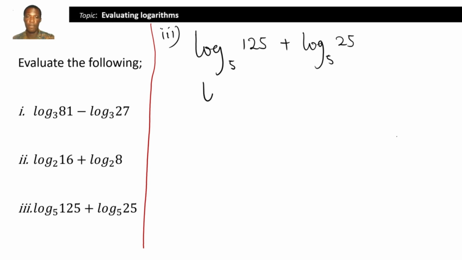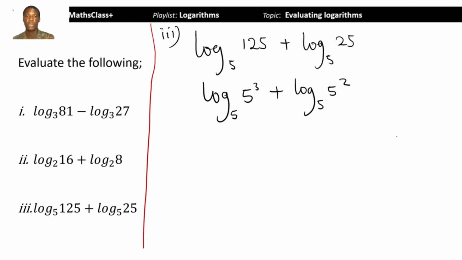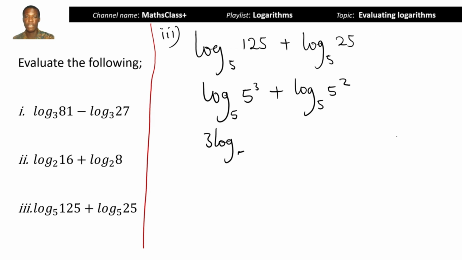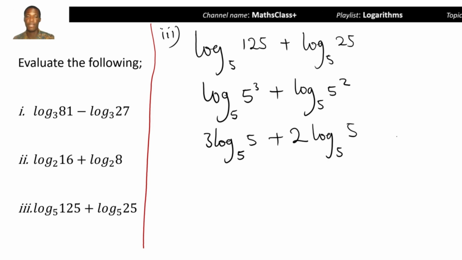So we have log to the base 5 of 5 to the power 3 plus log to the base 5 of 5 to the power 2. So we get 3 log to the base 5 of 5 plus 2 log to the base 5 of 5. This gives us 3 plus 2, which is 5.